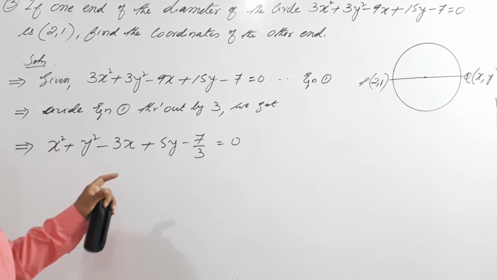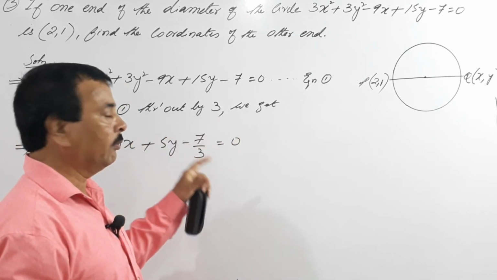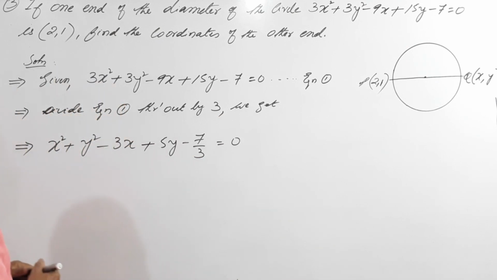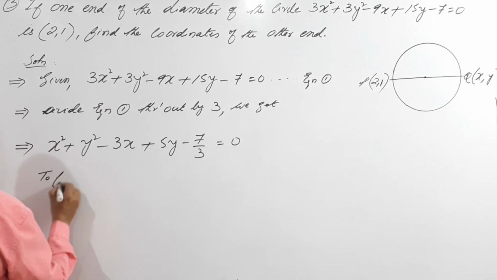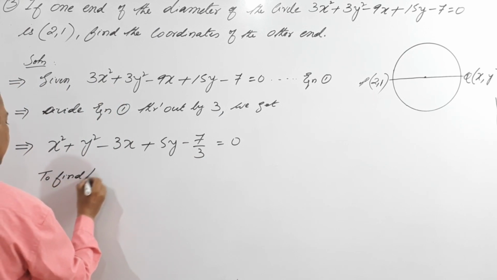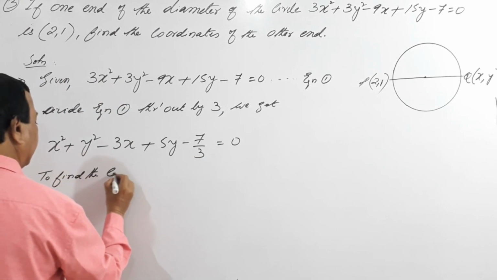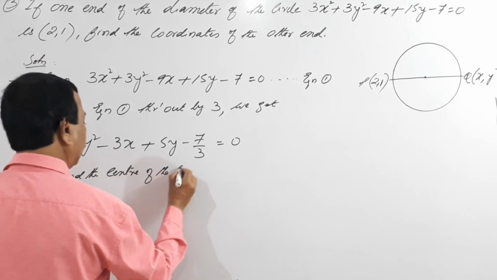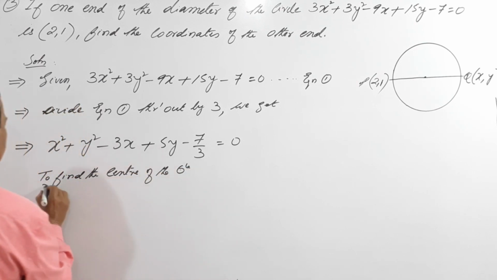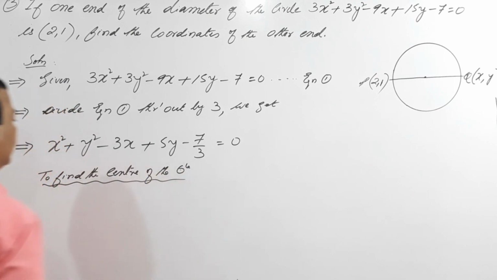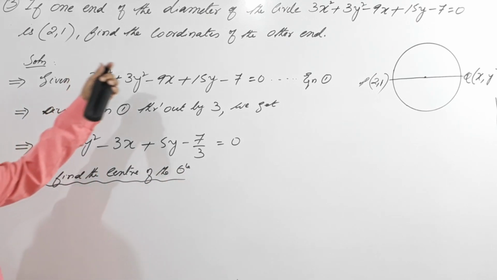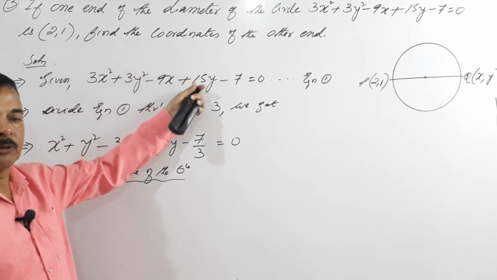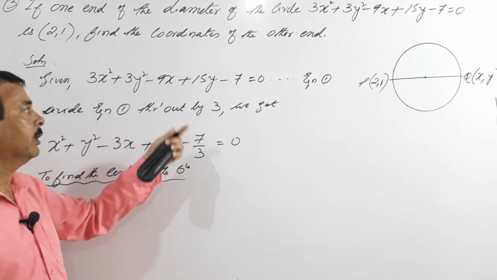So we have to find the center. How to find the center? First find the center of the circle. You need not write the general equation of the circle because by now you have understood it. Just compare.